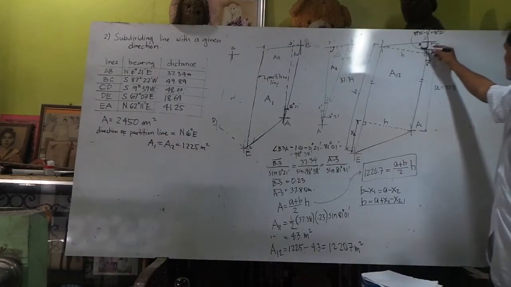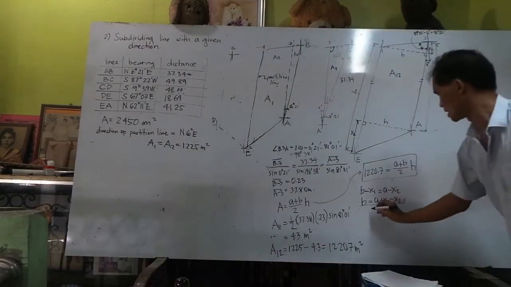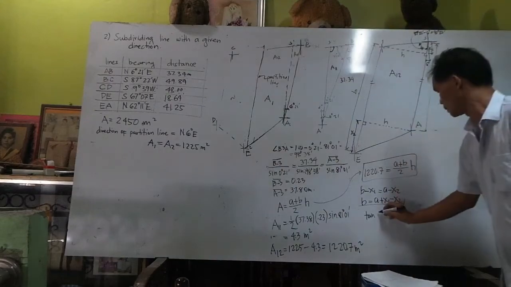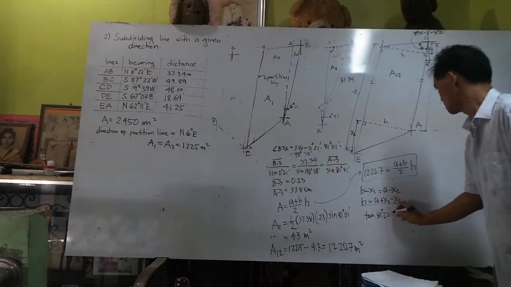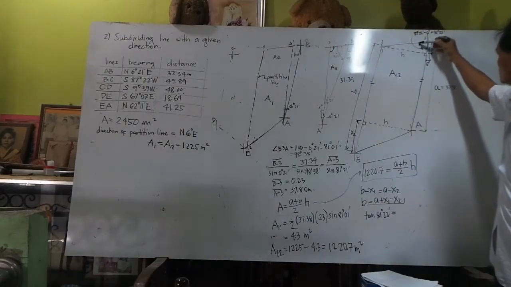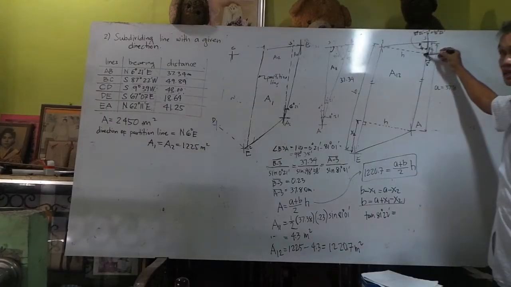Considering this angle, and considering x1 and h, tangent of 81 degrees and 22 minutes is equal to tangent of this angle, where this is the opposite and this is the adjacent, with the 90 degrees here.